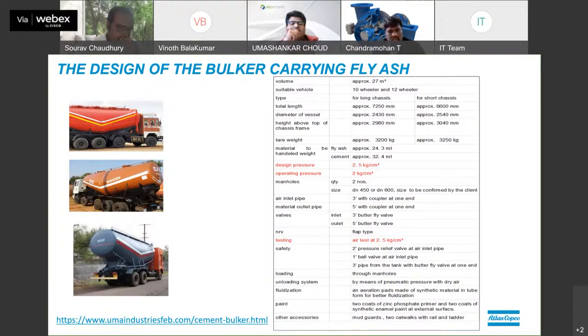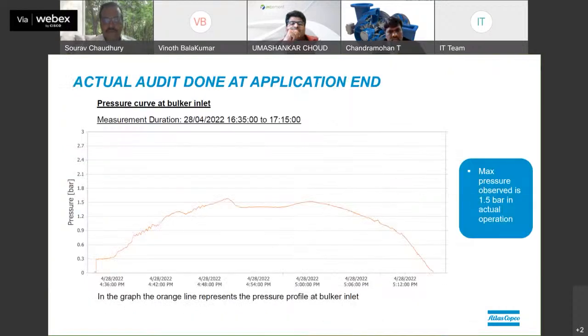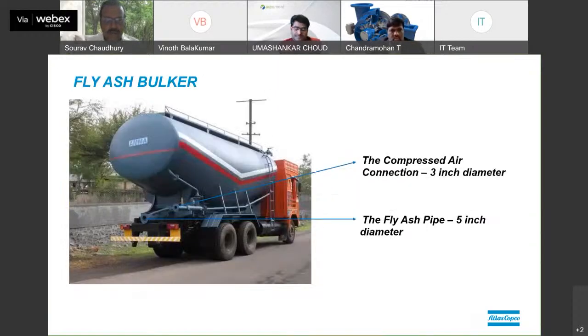We have studied several bulkers. There are two connections here. In one connection, you hit the compressed air line, and in the other connection, the fly ash or the material which is there in the bulker moves out and gets stored in a silo. So that's a very simple application.